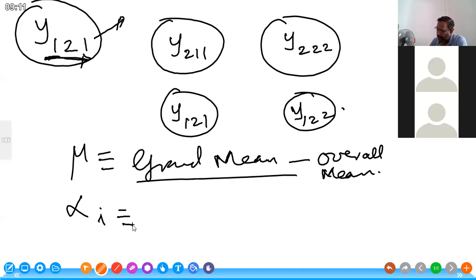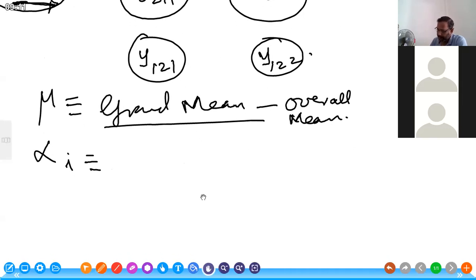What is that? Anyone? Now, i is not the treatment. i is referring to factor A. Effect of factor. We cannot say factor 1.